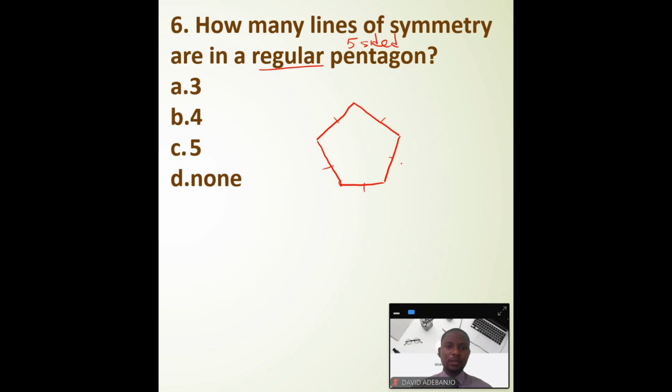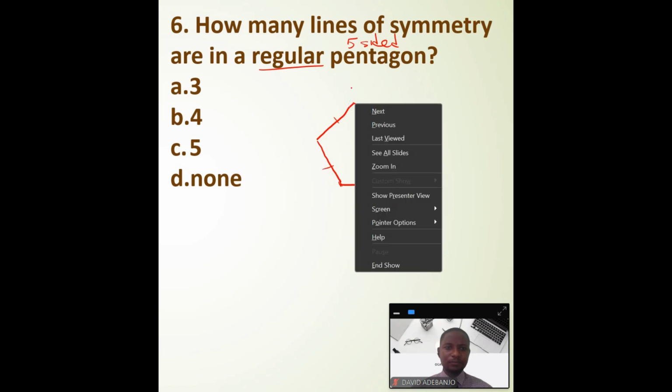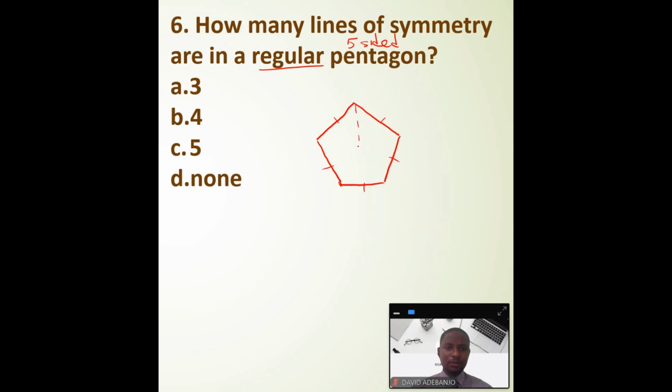then the line of symmetry is a line that divides a shape into equal parts. So you can go through any of the corners. So I can divide like this. That's one line of symmetry. I can go through the other corner and pass through the middle of the side.